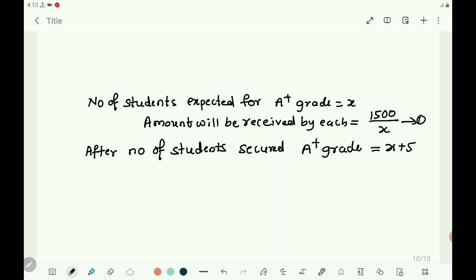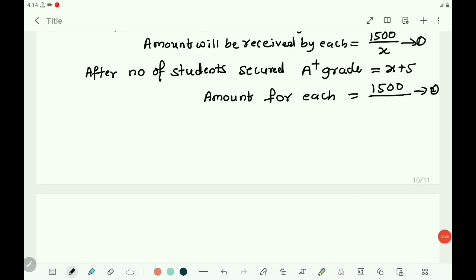Then the amount for each student is 1500 by x plus 5. As the number of students increases, the amount received by each decreases.